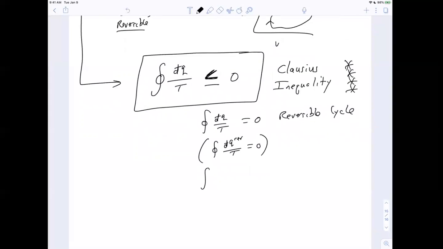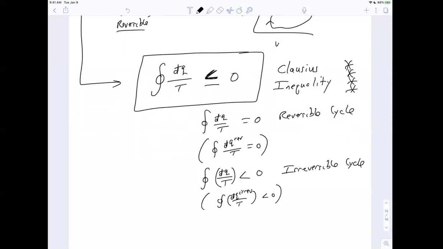And the integral of dq over T is less than 0 for an irreversible cycle. And again, this could have been the integral of dq irreversible over T is less than 0.